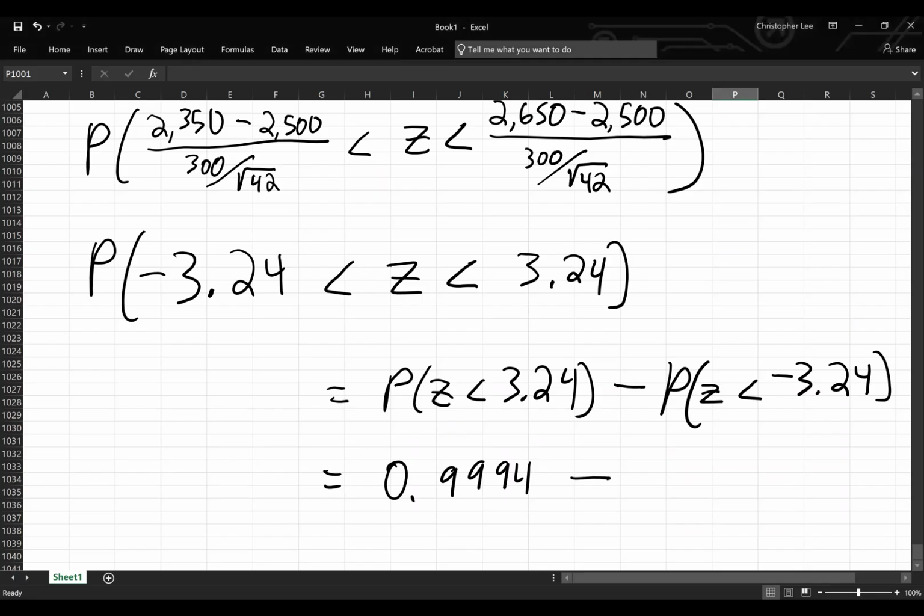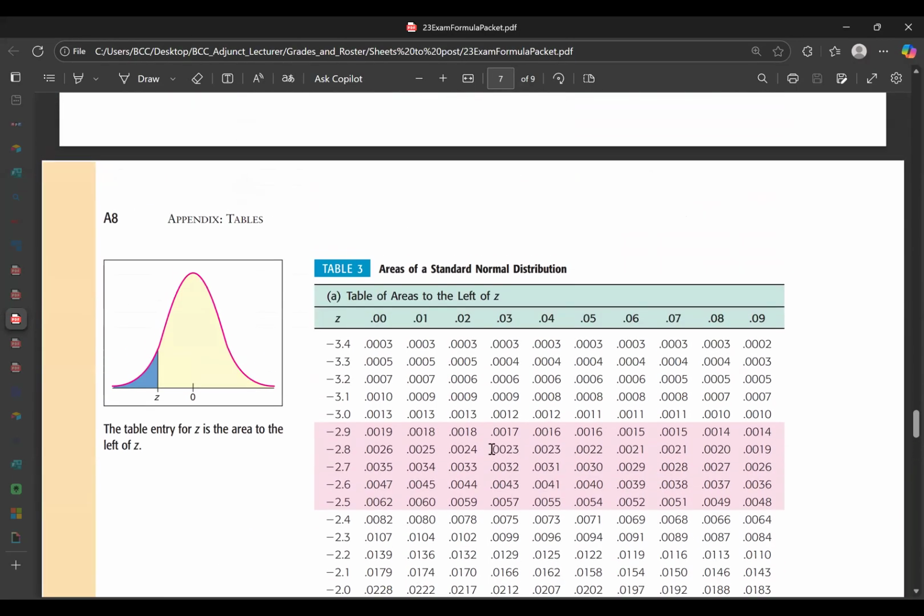Minus, now I want to look up negative 3.24, right? So I'm going to go to the negative table. Let's take a look. So I'm going to the negative table over here, looking for 3.24. So I'm just going to come up to where negative 3.2 is, and then go across to where the 4 is.